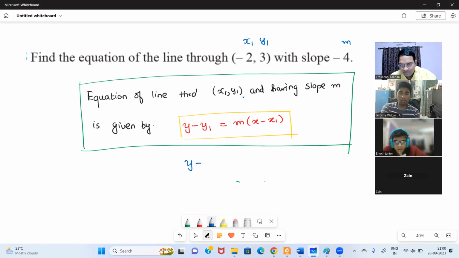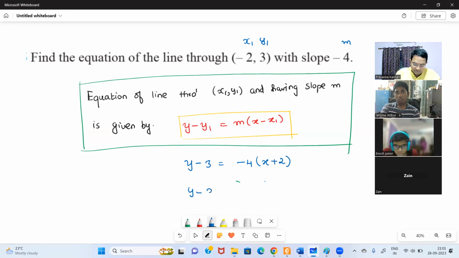What is my y1? 3. What is my slope? Is it 4 or minus 4? Minus 4. Minus of minus 2, so it will become plus 2.